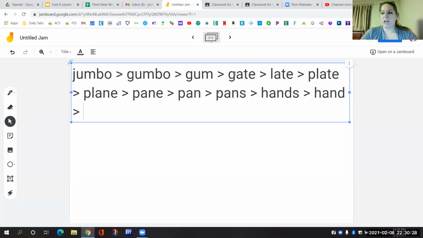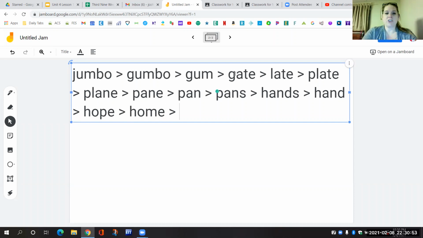All right. So now we're going to change the and to ope. We have hope. Very good. So now we're going to change the p sound to m. We have home. Very good.